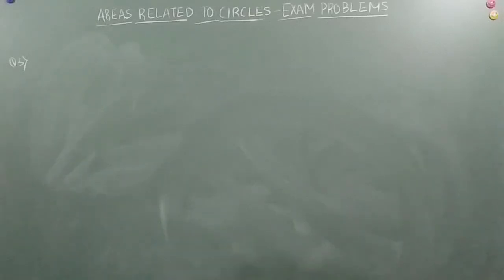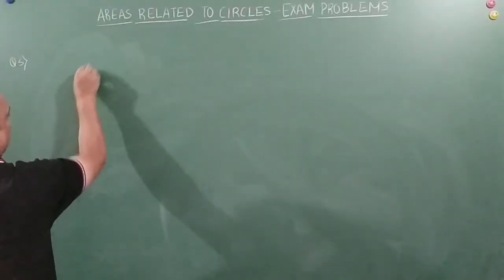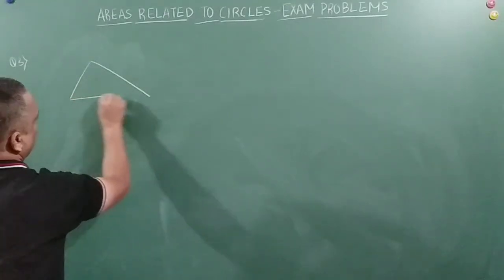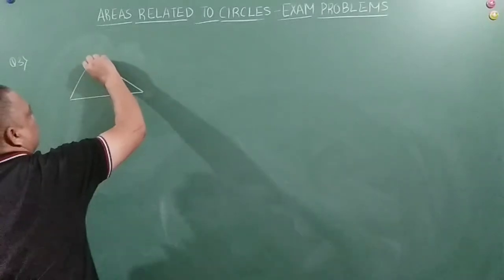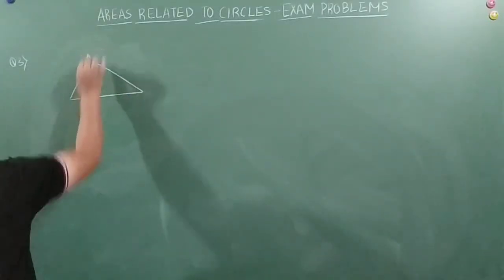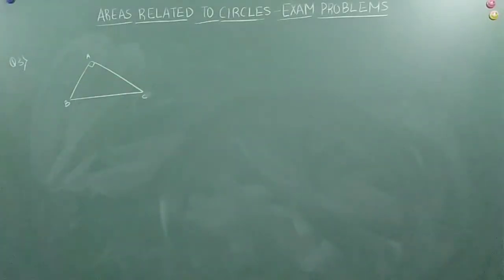In the below figure ABC, so figure is given. So friends, I have to give you the figure first. So this is a right angle triangle, 90 degrees, right? ABC. What is happening here is that in the below figure, triangle ABC is right angle in which angle A is 90 degree.